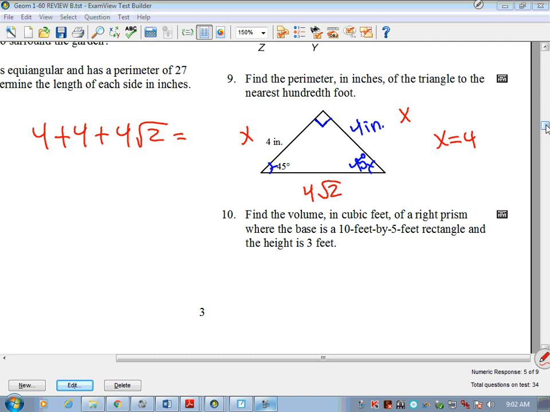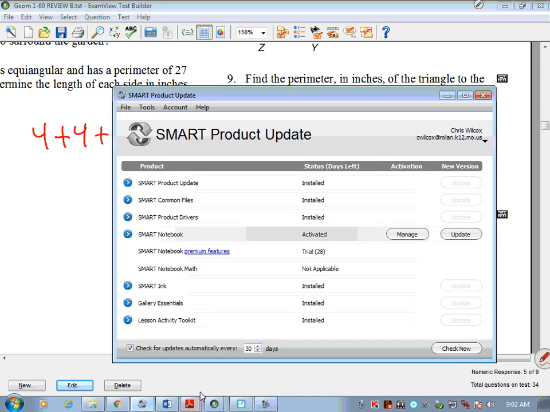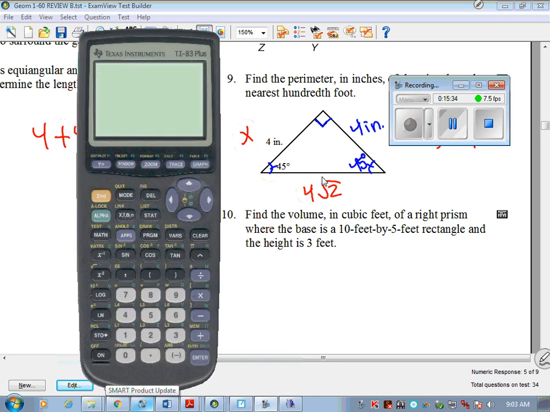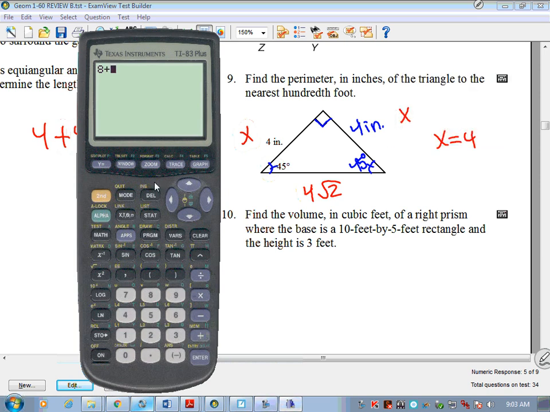Okay, and I'll show you on the calculator. Oh, wrong thing. There we go. 8 plus 4 radical 2. We should get 13 if we need it to the nearest hundredth. 13.6.